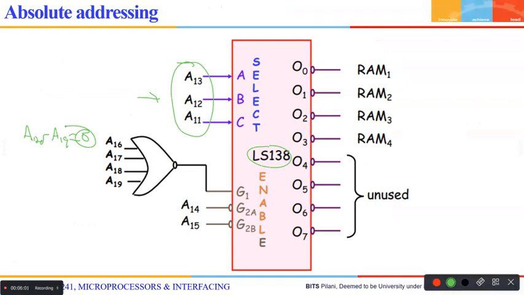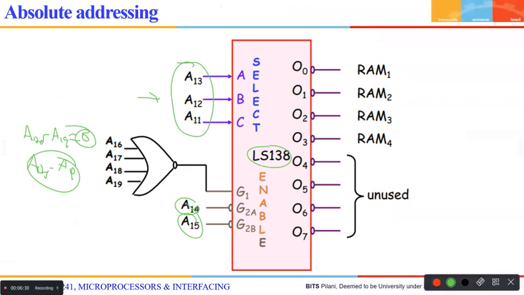But G2A and G2B directly require 0. So you can connect A14 and A15 directly, because for the entire address range A14 is going to be 0 and A15 is going to be 0. That means this is enabled, yes or no?